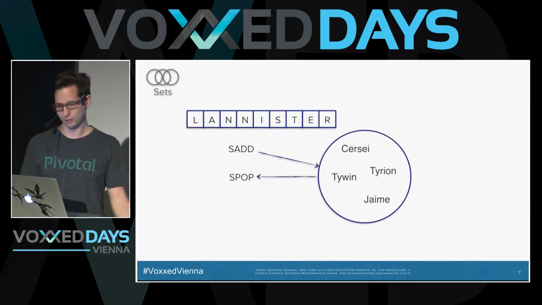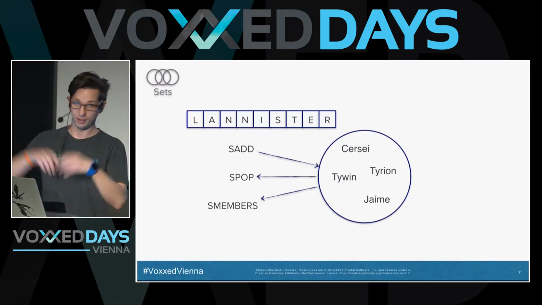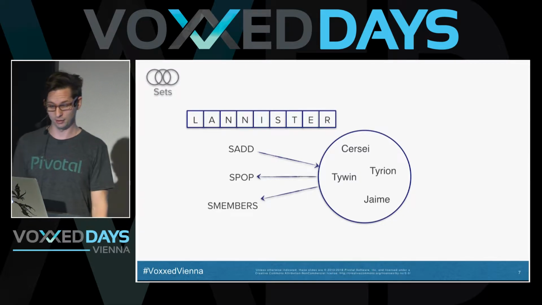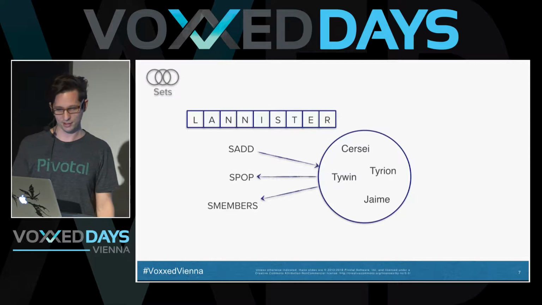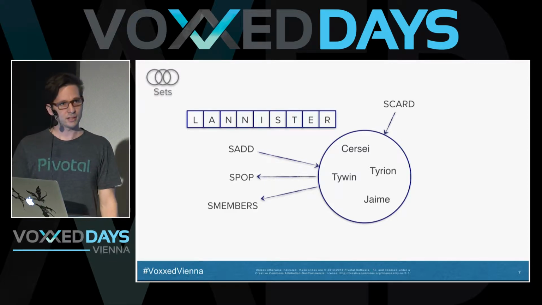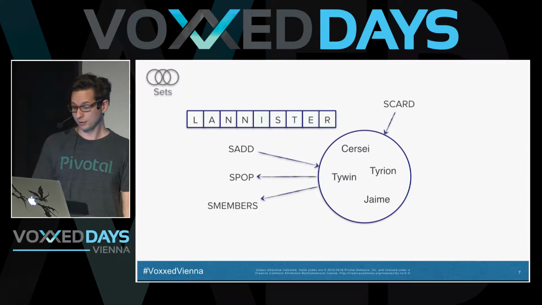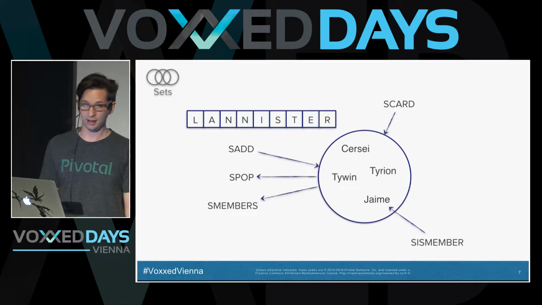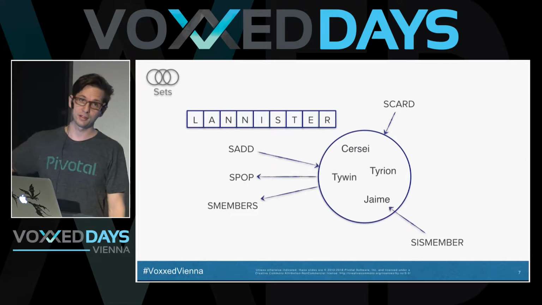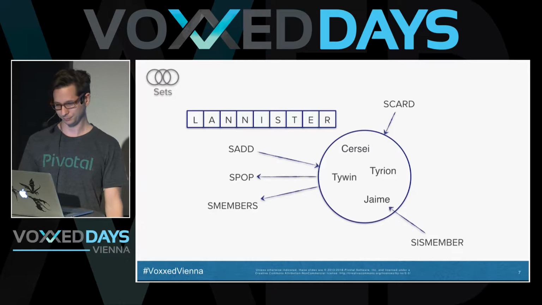Okay, you can use spop to retrieve a random element from the set. You can ask for all the elements of the set. You can ask how many elements are within the set stored. You can ask if a certain element is a member of the set.